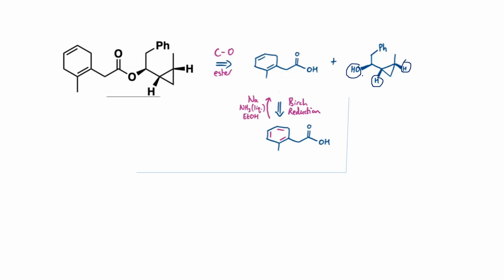Understood? Because the OH is above the plane, the cyclopropanating reagent is approaching the alkene from below the plane.